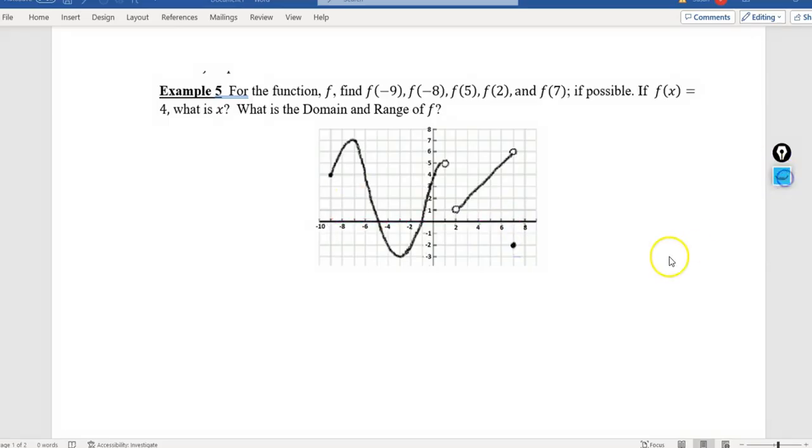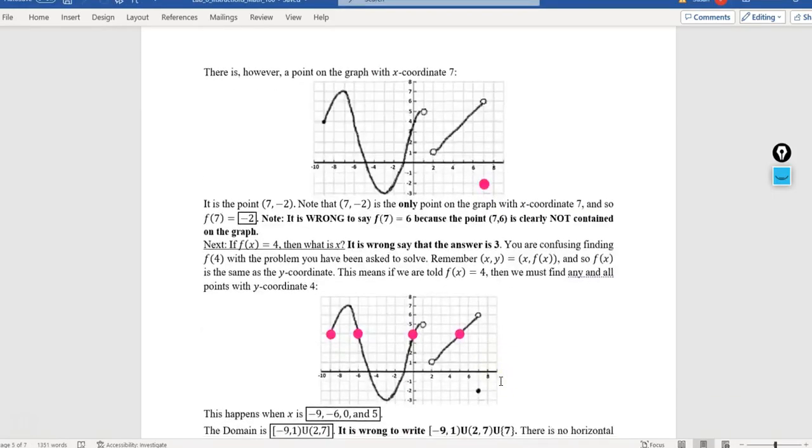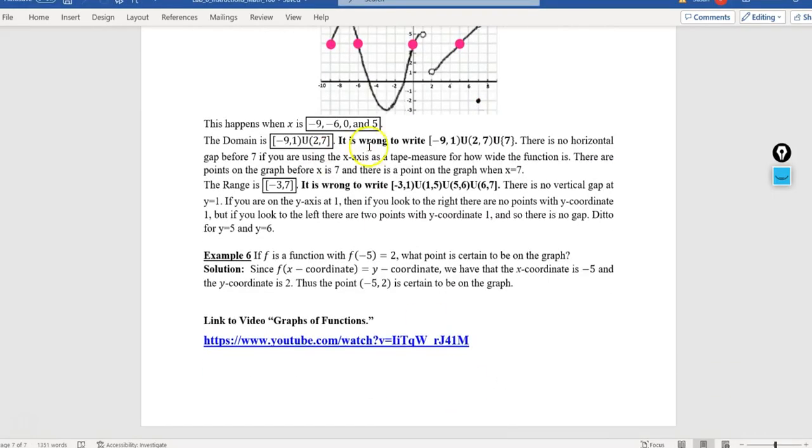So let's check that. Yeah, it's wrong to write it like this because you don't have 2 gaps in it. Okay, so the domain that you want to write is how I have written it.